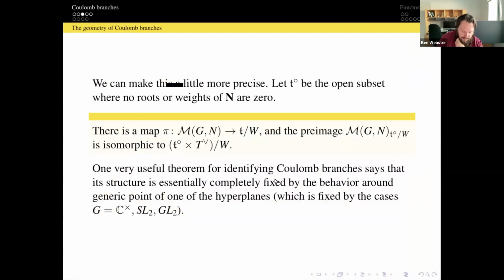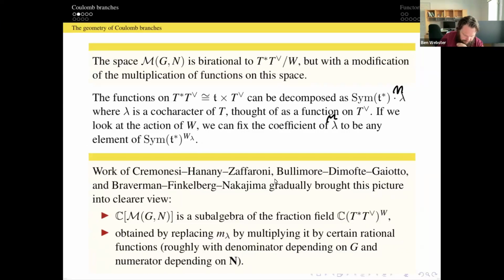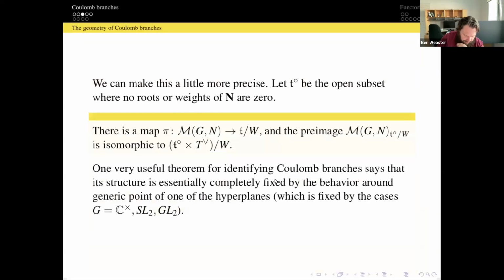All right. So one nice way to think about this is inside T of W. Let's see, I thought I had mentioned this somewhere. Okay, well, let me just mention.